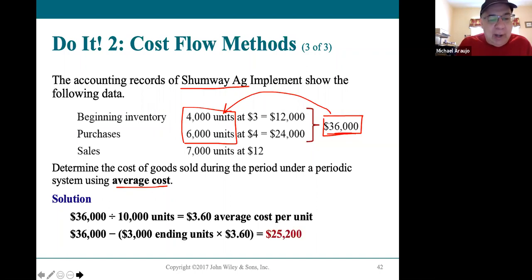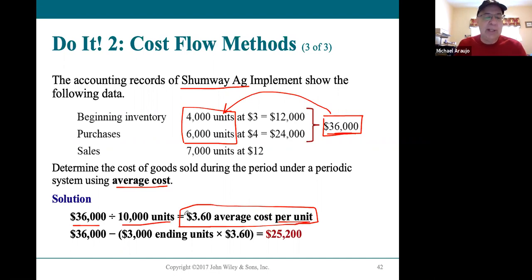So that means the average cost per unit was $3.60. That's the $36,000 that you spent on inventory divided by the 10,000 units. So each unit was $3.60. Okay. Now you sold 7,000 units. We don't really care about the price we sold it at because we're not calculating revenue.